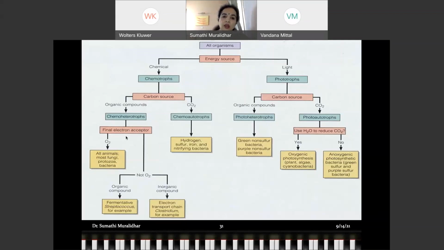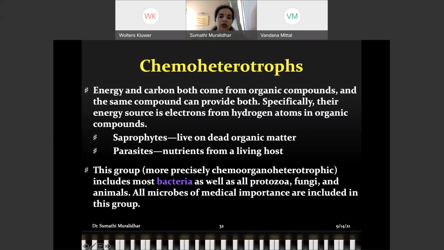Heterotrophs because they require a chemical source and an organic source of carbon. Therefore, they come under chemoheterotrophs, where the final electron acceptor is oxygen. So most animals, fungi, all the eukaryotes, and the medically important bacteria, all of them come under the chemoheterotrophs. And this is what we will be talking about today.